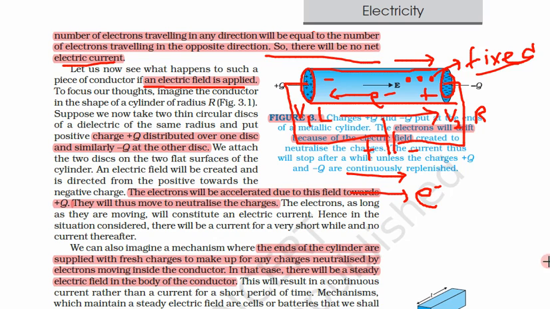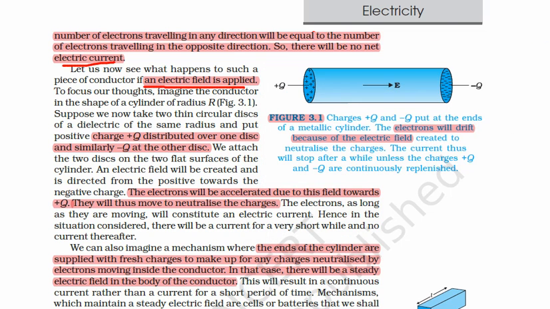This electric field is always from positive to negative. Negative charges will flow in this direction, but the flow of negative charges means that it looks like that positive charge is flowing towards right. So the direction of the current and direction of electric field is always the same.